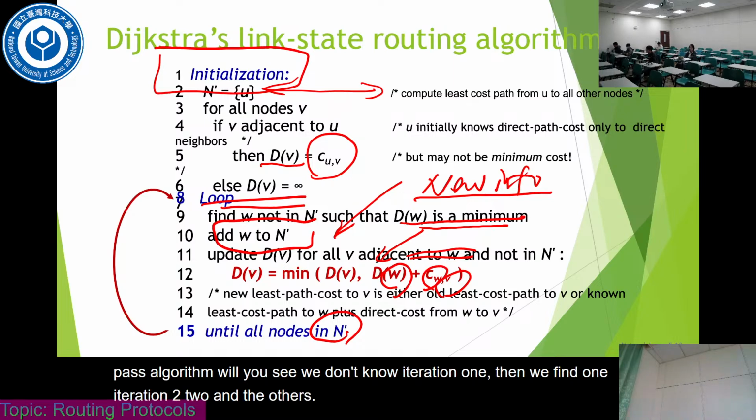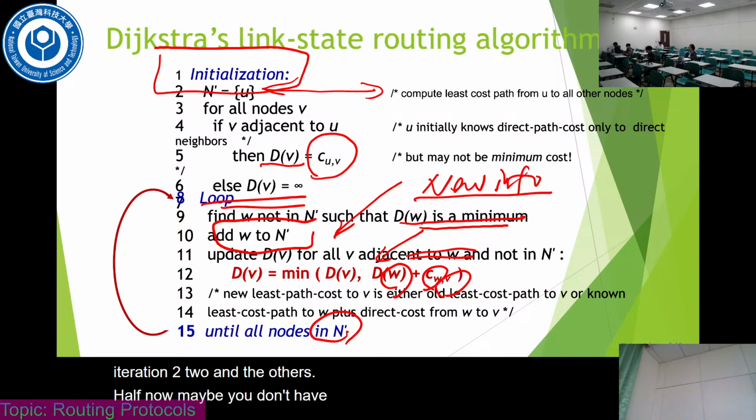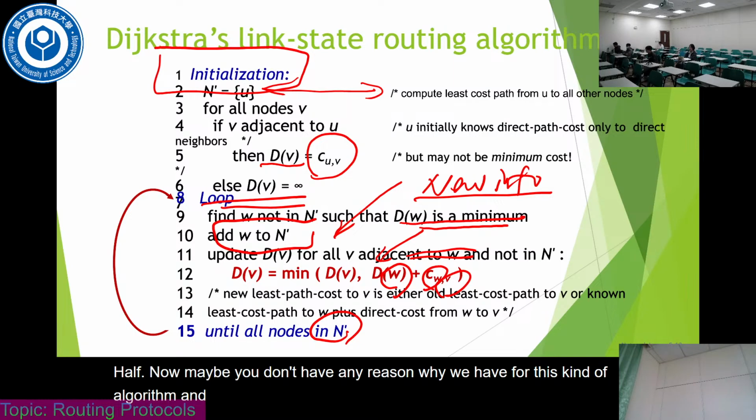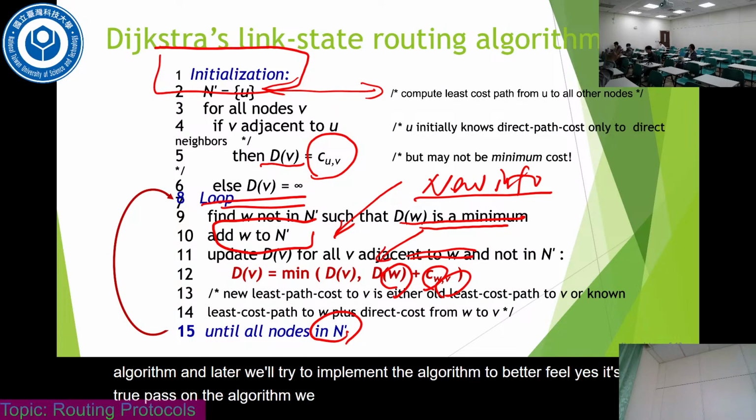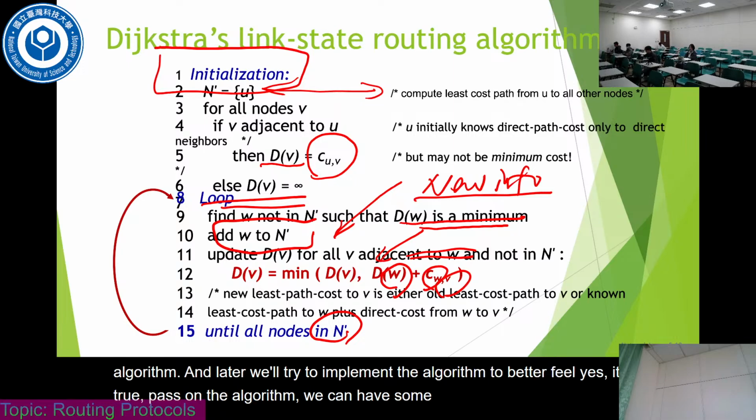Up to now, maybe you don't see any reason why we have this kind of algorithm. Later we will try to implement the algorithm in that field. Yes, it's true. Based on the algorithm, we can have some idea of how to find the least cost path.